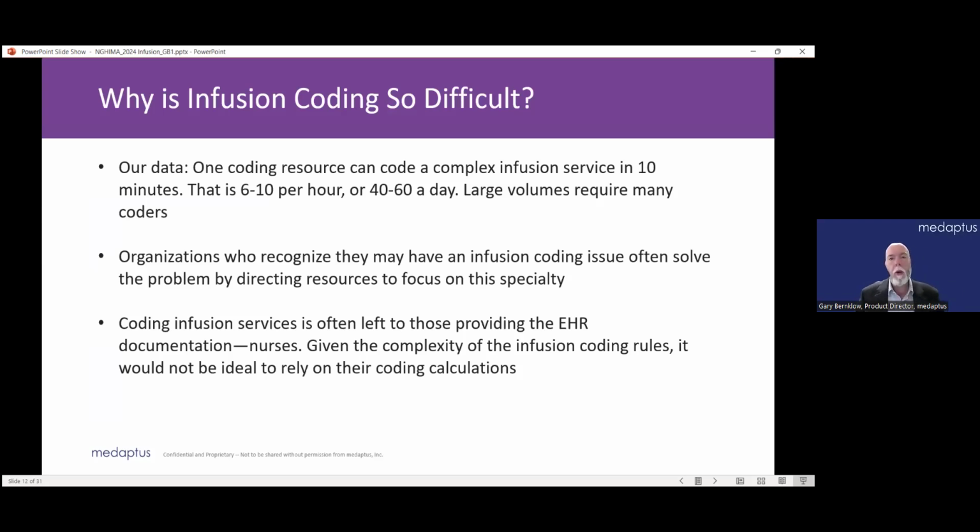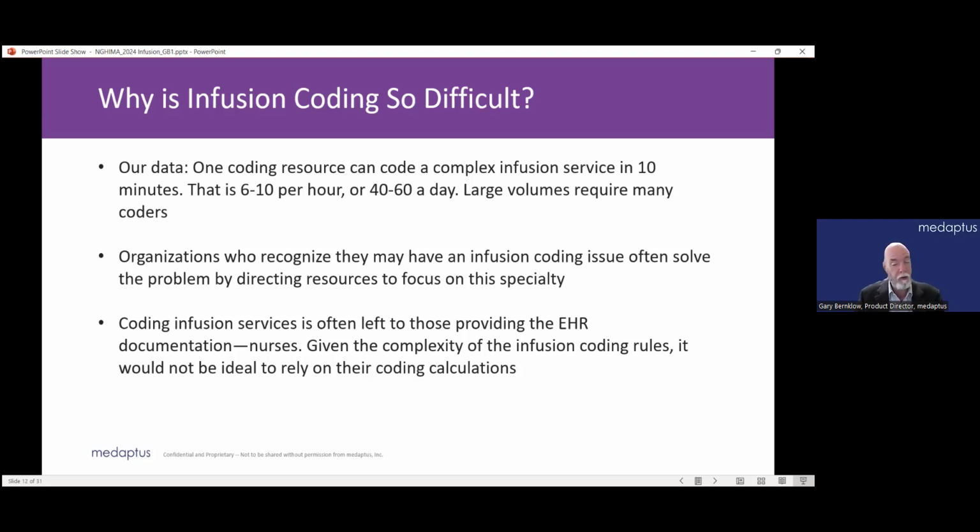So what we've seen with our data, and why coding is so difficult on the outpatient infusion services, is that the rules and requirements for IV infusion mean that they take a long time to code. What we usually see is that simple infusions, where it's just 1 or 2 drugs with no overlapping time or no chemotherapy drug, take about 5 minutes for a coder to create if they're coding directly from the documentation.